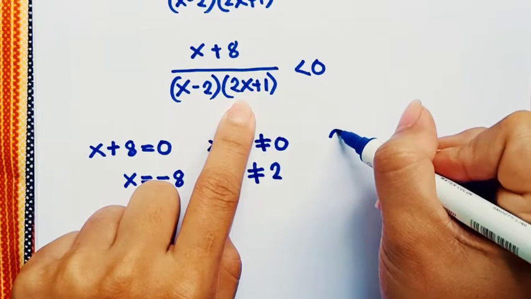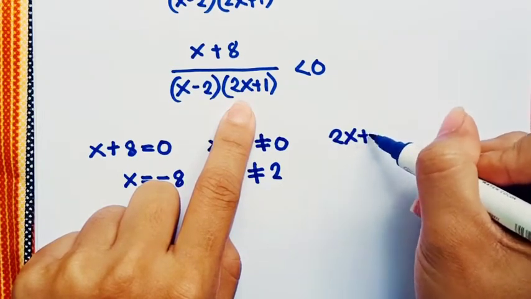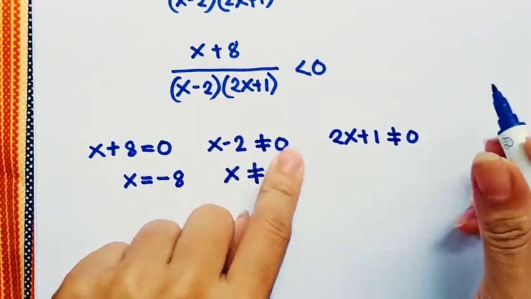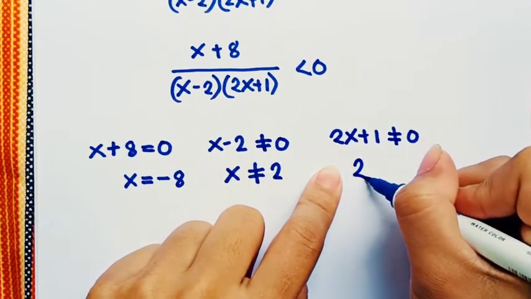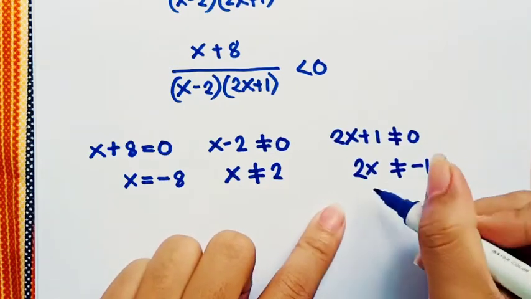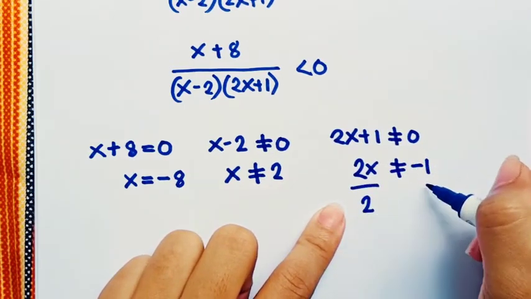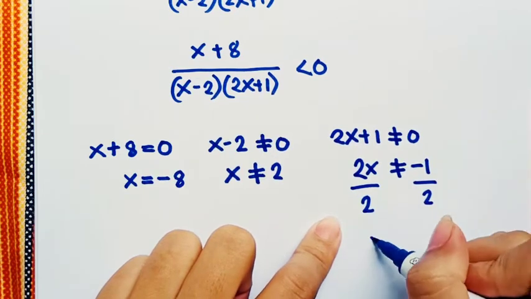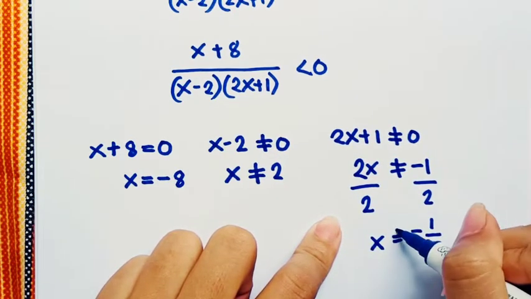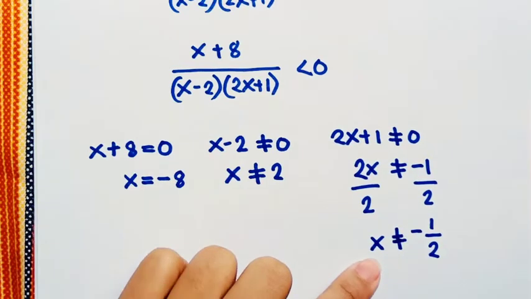Diri sa pikas, we will have 2x plus 1. This should not be equal to 0 also. So, solve for x, guys. 2x should not be equal to negative 1. So, i-solve further, si x dili siya pwede mahimong negative 1/2. Should not be equal to negative 1/2.